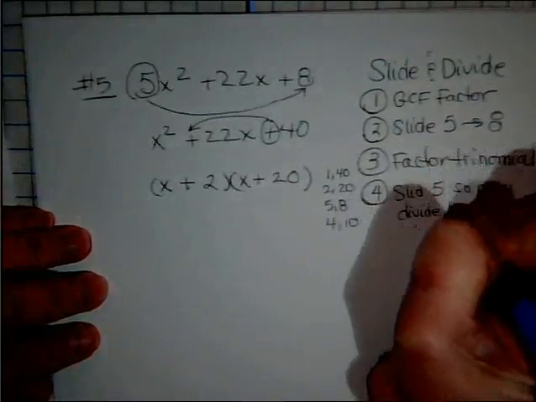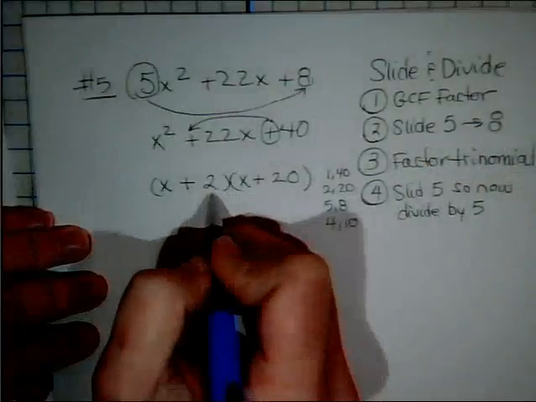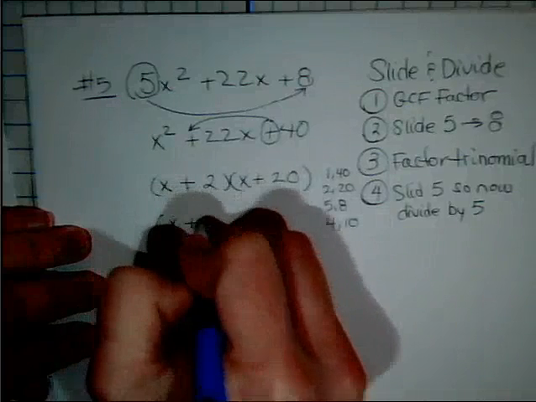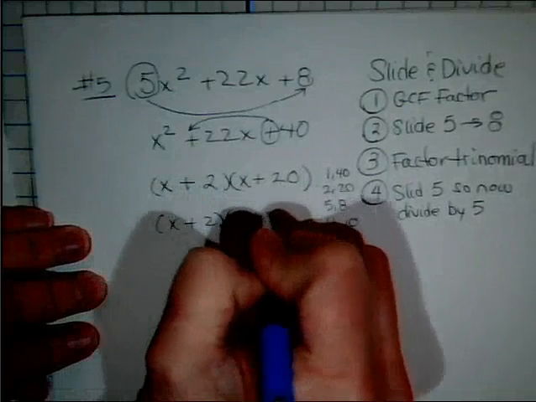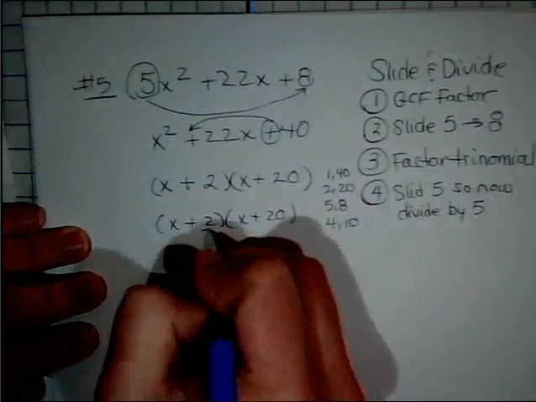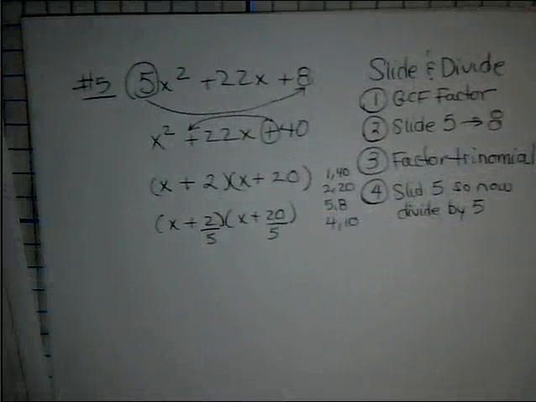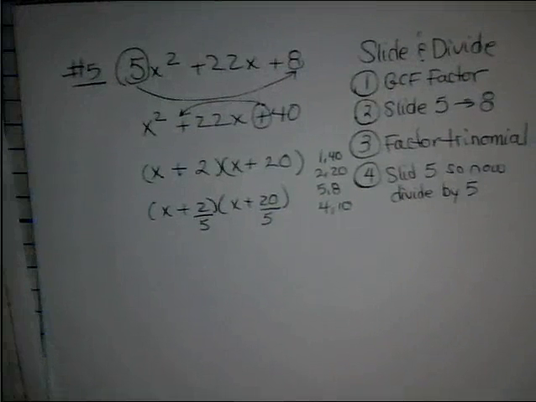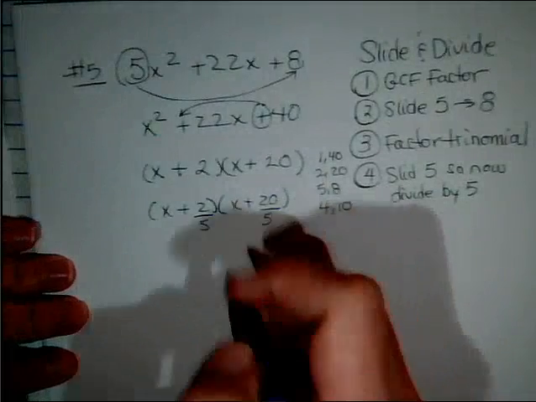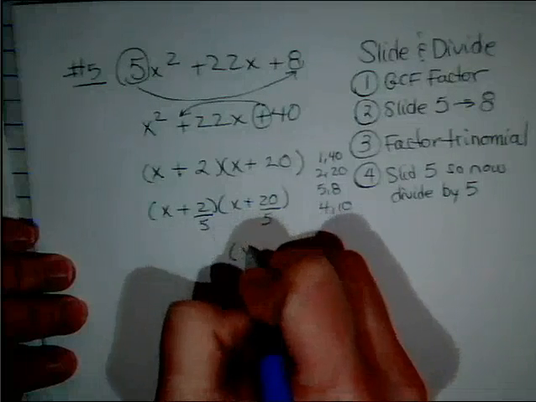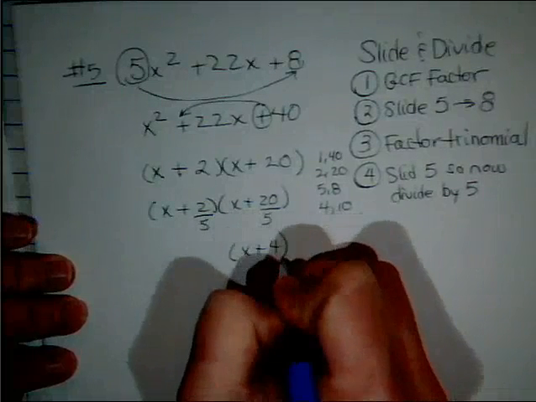we need to divide by 5. I'm going to rewrite this so that you can see what we did here. We're going to divide each of these pieces by 5. If it works out nicely, like this one does, we have x plus 4.